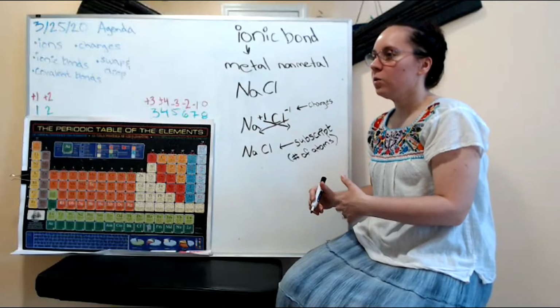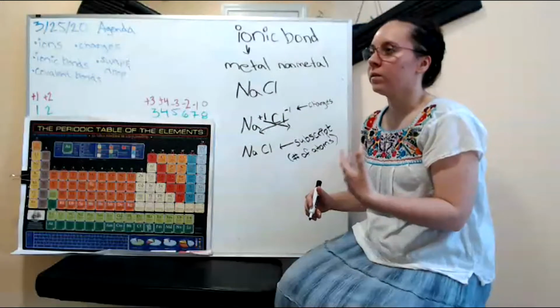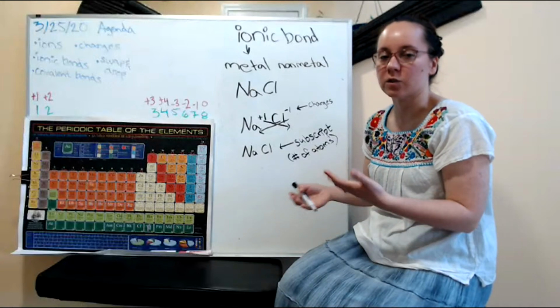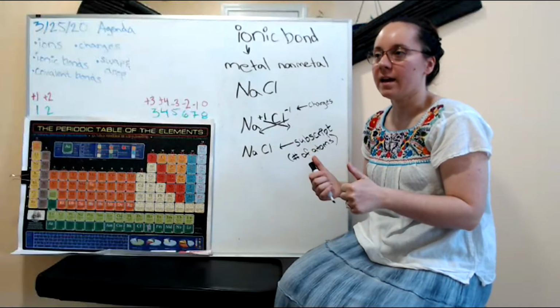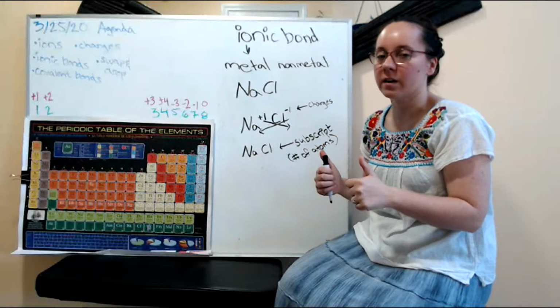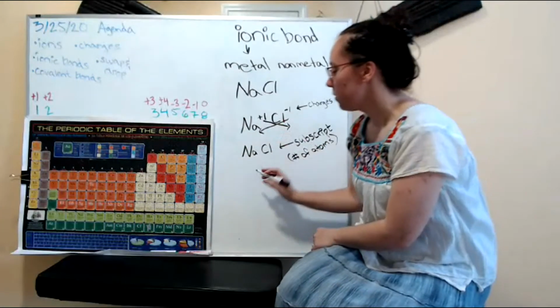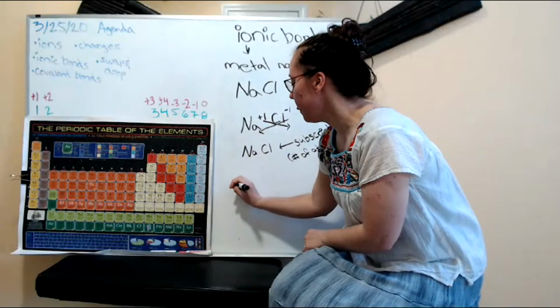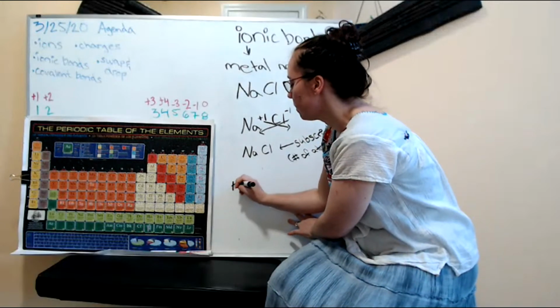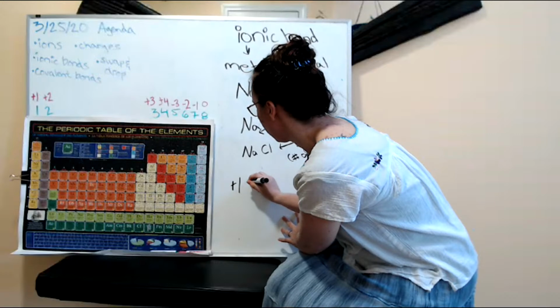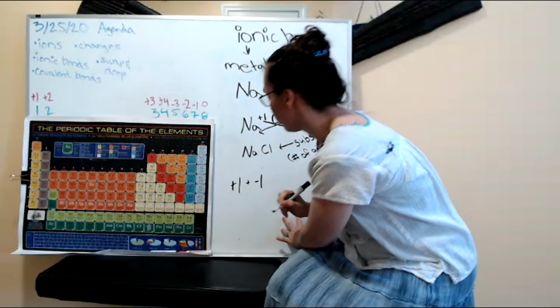So if you like math to back stuff up, to support your understanding, this is for you. If you were like, hey, that description was already good enough for me, then just kind of tune out for a minute, okay? So for the sodium, sodium has a +1 charge, and then chlorine has a -1 charge.